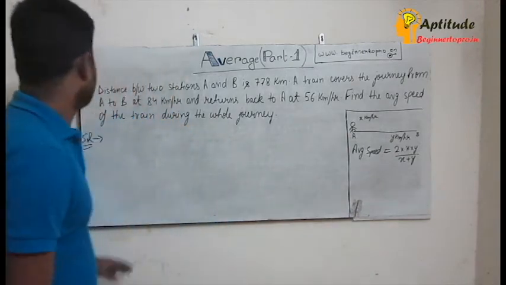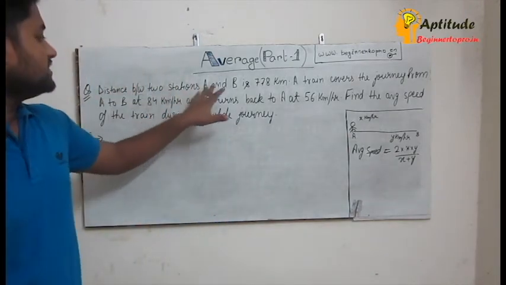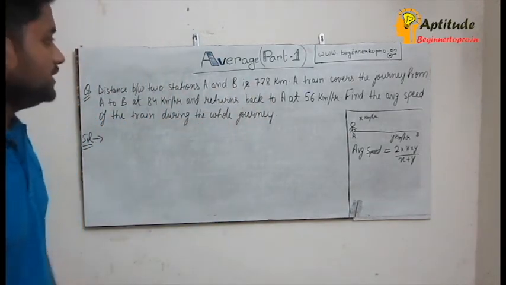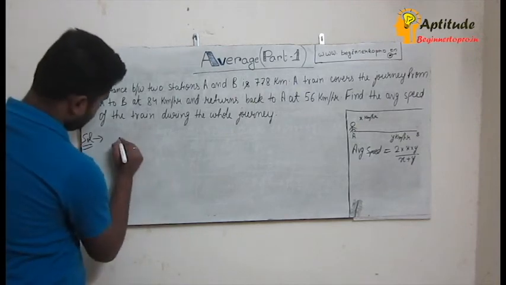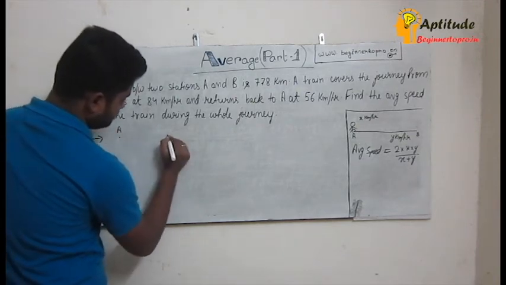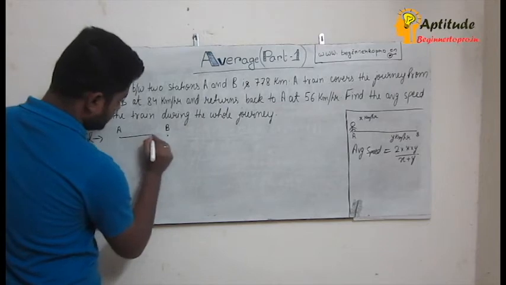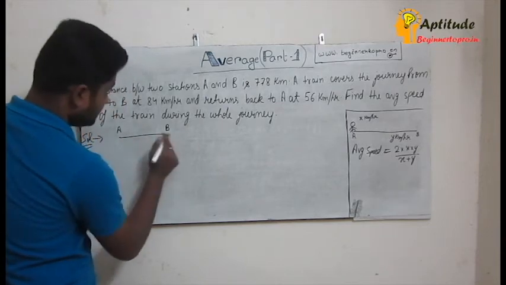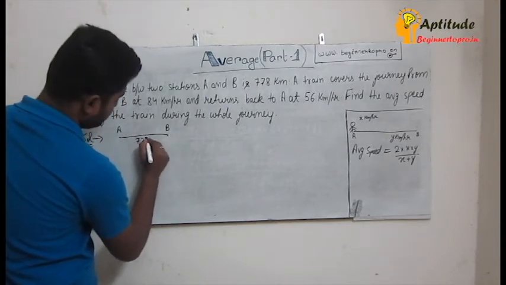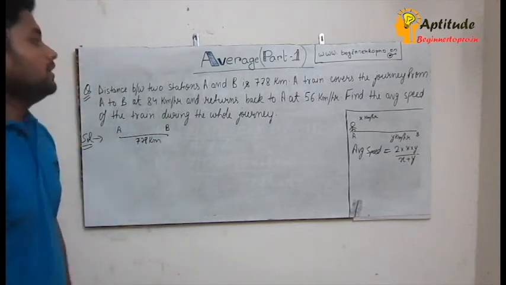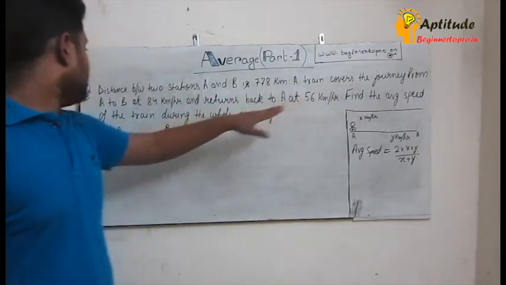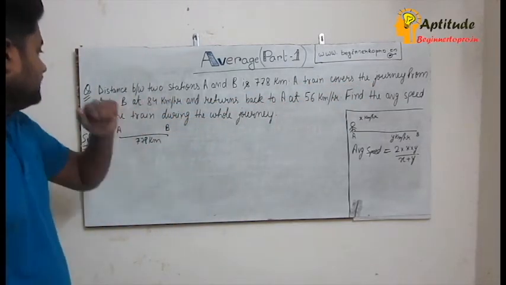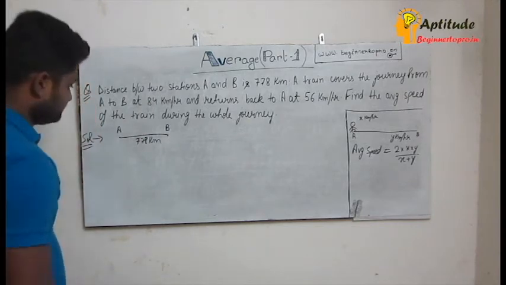See, the question says the distance between two stations A and B is 778 kilometers. So let us suppose this is station A, this is station B. The distance between these two stations is 778 kilometers. A train covers the journey from A to B at 84 km per hour.